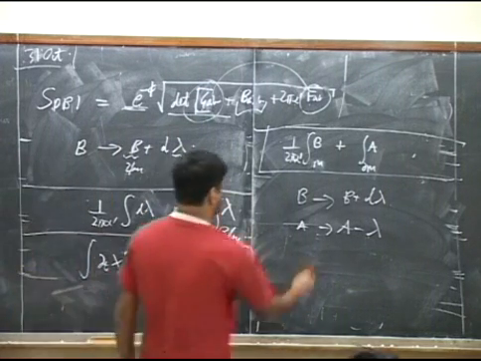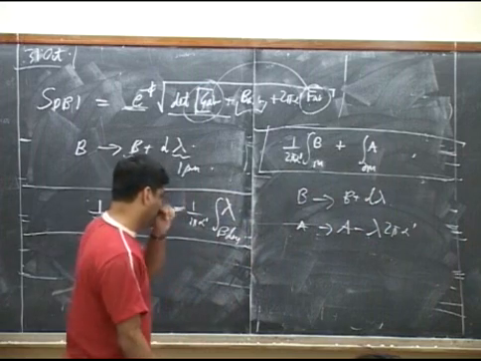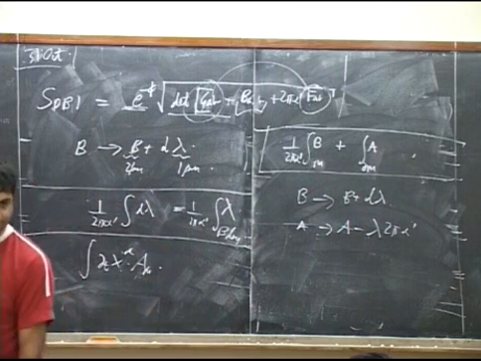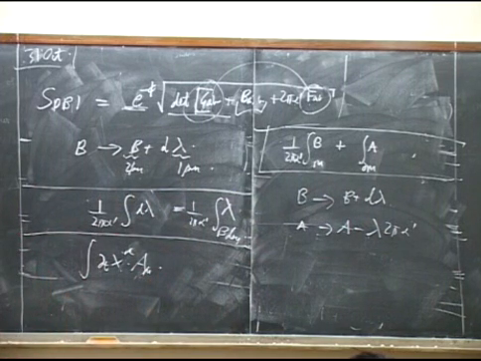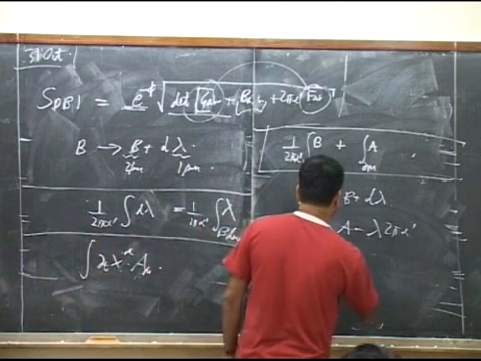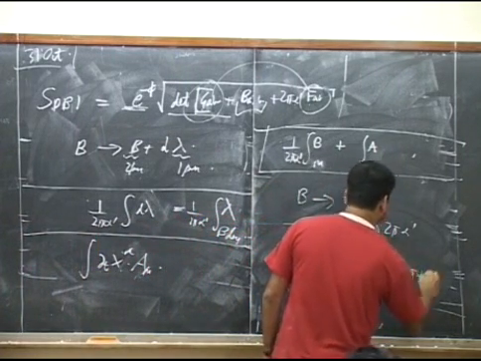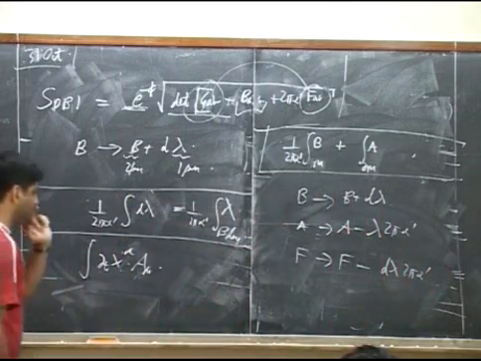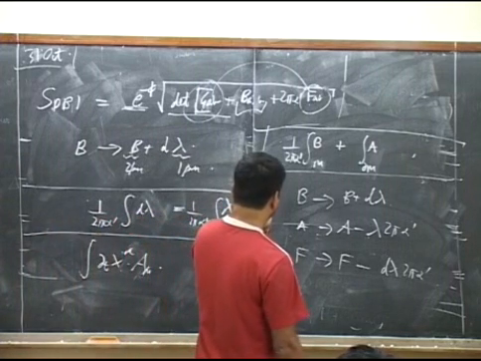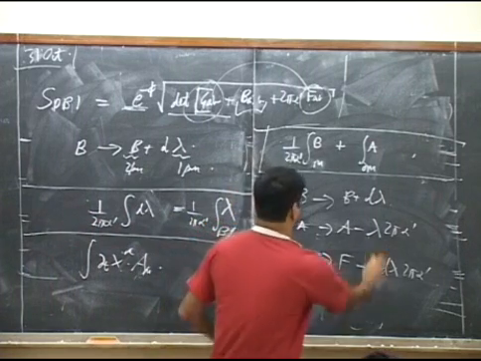Of course, there's a factor of 2 pi, so that's 2 pi alpha prime. A goes to A minus lambda is not an ordinary gauge transformation. In fact, under this transformation, F goes to F minus d lambda. I will put 2 pi alpha prime in the right place.